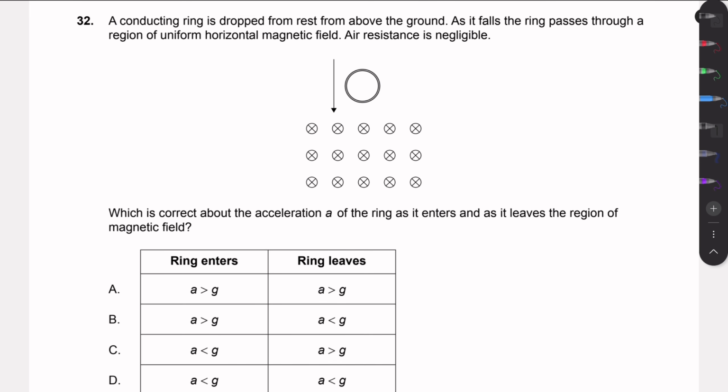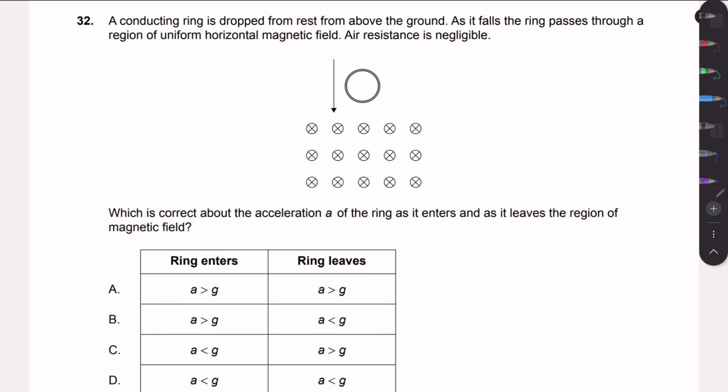You just want to remember Lenz's law, which pretty much just says if something changes, the induced current and the EMF will be in such a way to counteract this change. This is also due to the conservation of energy, but pretty much we can think of it as it enters the magnetic field.